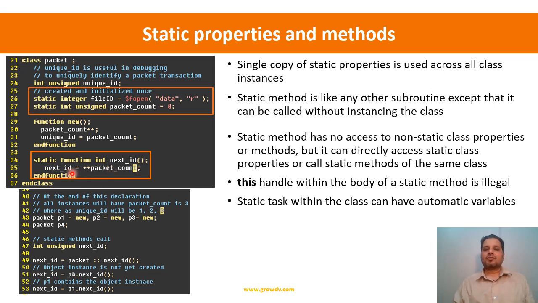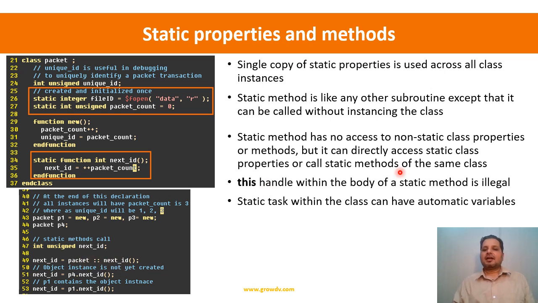the context of the static method, because those properties do not exist, because I'm accessing them even before creating an instance of the class. And this handle within the body of a static method is illegal, obviously, again for the same reason, because this refers to an instance of this particular class, and that doesn't exist because we can access directly.